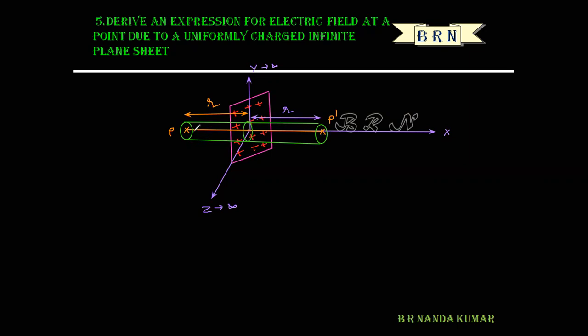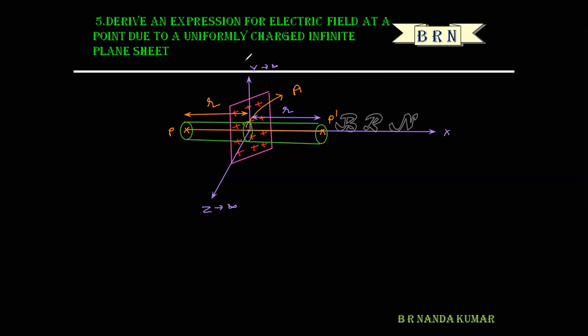So P and P dash is the axis of the imaginary Gaussian cylinder, having a uniform cross-sectional area. So that is A. A is the uniform cross-sectional area of the imaginary Gaussian cylinder.